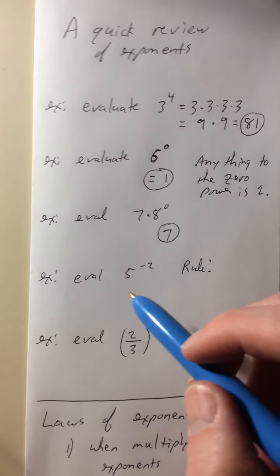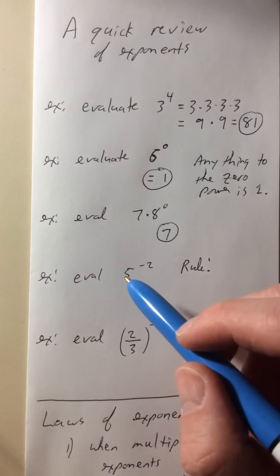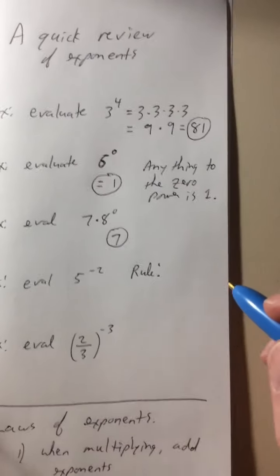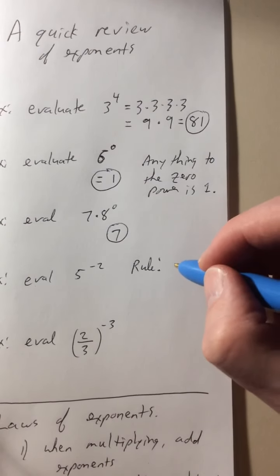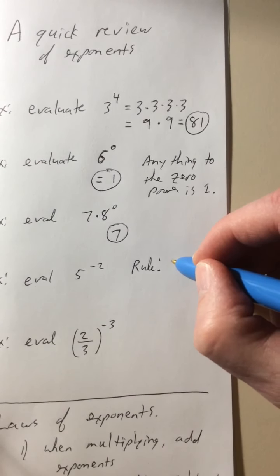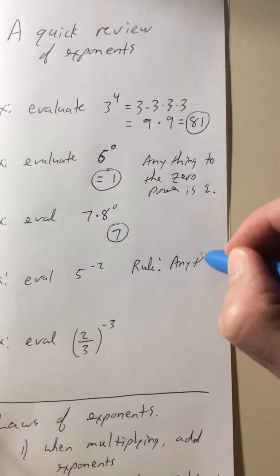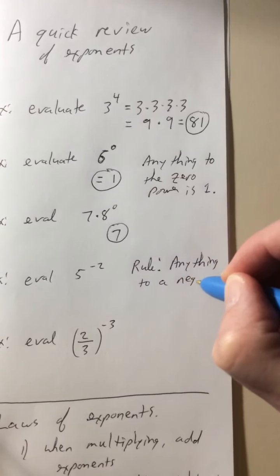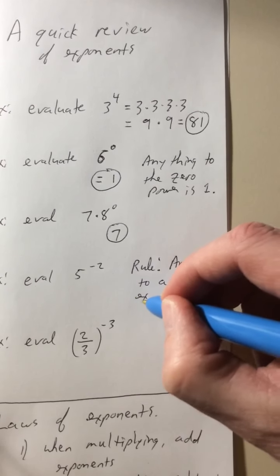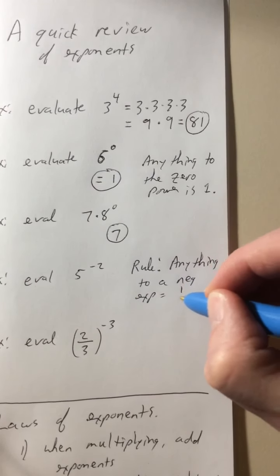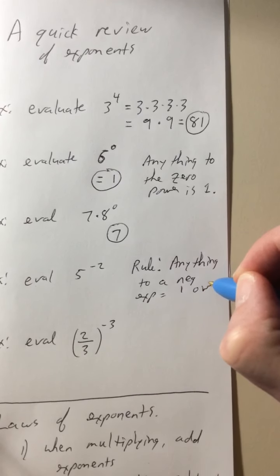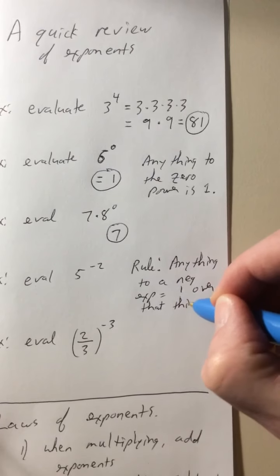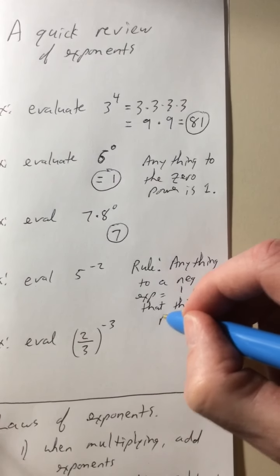All right. Anytime we have a negative exponent, on a number or a variable, but a number in this case, the rule is: anything to a negative exponent equals 1 over that thing, in this case a number, to the positive power.